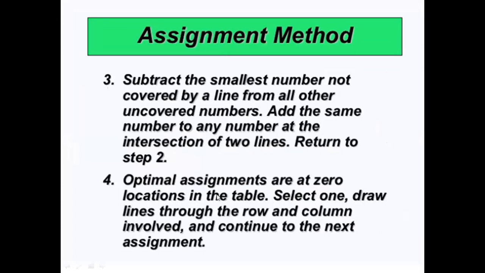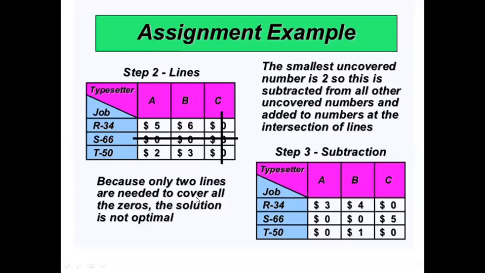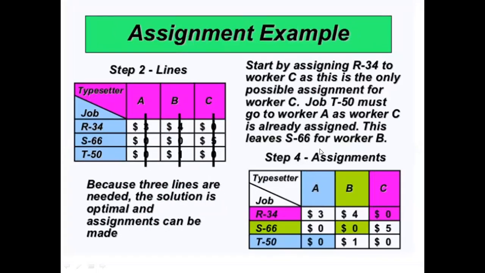In the assignment step, we have to look at the 0 locations in the table, and then select one, which means deciding which one should do which job, which is the optimal assignment. In this case, we can see that the workers are A, B, and C and the jobs are R34, S66, and T50.